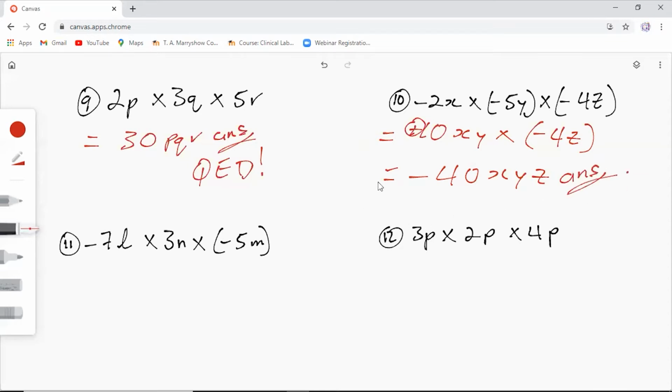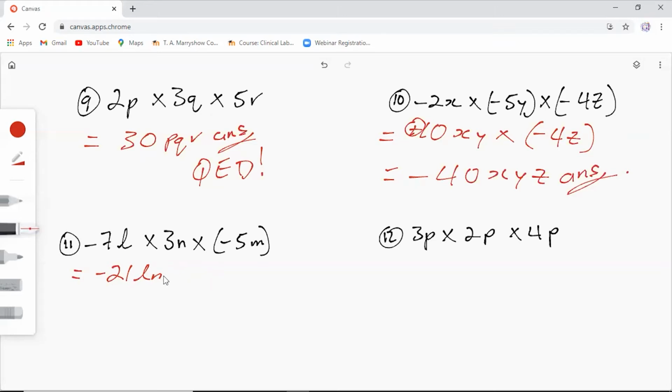Okay, good. Number 11, negative 7l times 3n times negative 5m. Negative times positive is negative. So that's negative 7 times 3 is 21, negative 21. l times n is ln. And notice I am making my l different to my 1 so that I do not get confused.